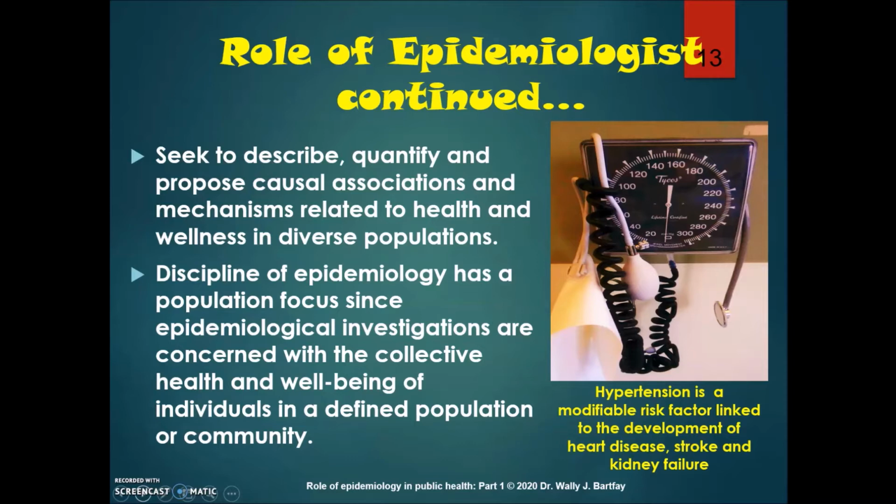And we know one of them, for example, is hypertension. Hypertension is also called the silent killer. You don't know you have high blood pressure unless you actually take a reading and determine your systolic and diastolic pressures. And we know that hypertension is in fact a modifiable risk factor linked to the development of heart disease, to stroke, and also to kidney failure.